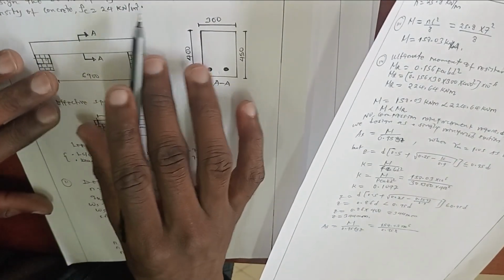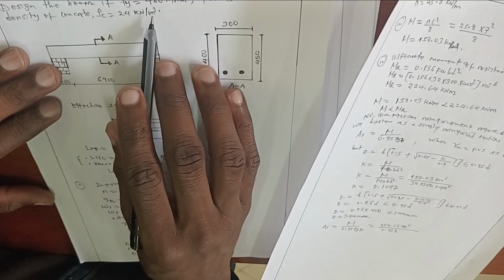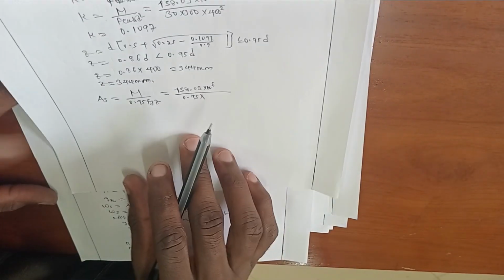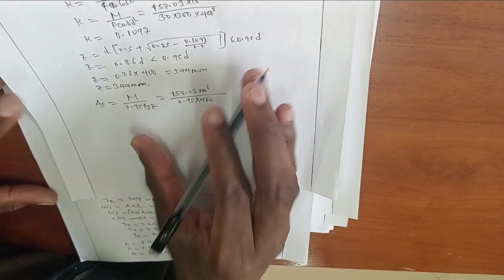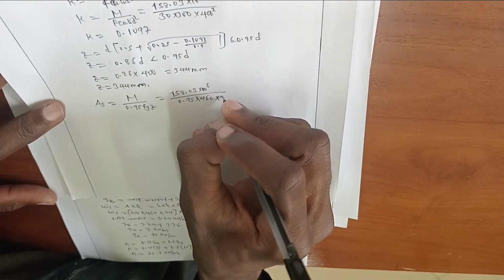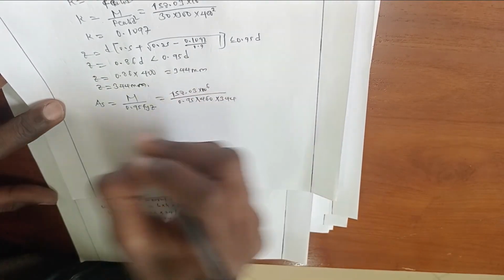Reinforcement strength was 460 Newton per millimeter square, times Z, which is 354.